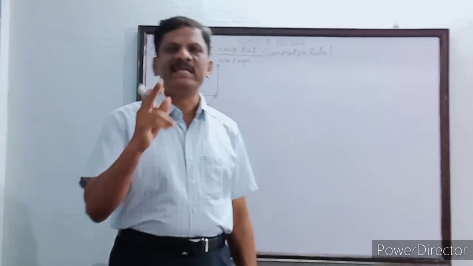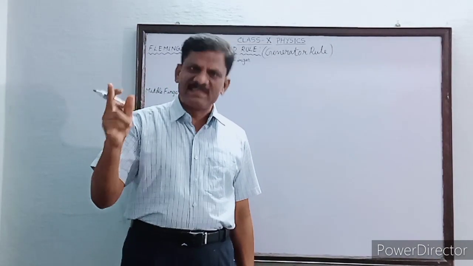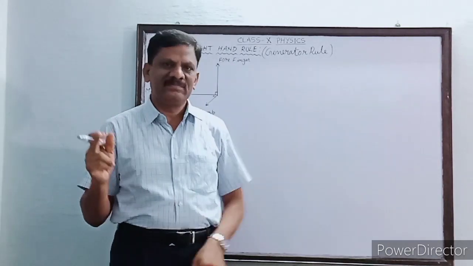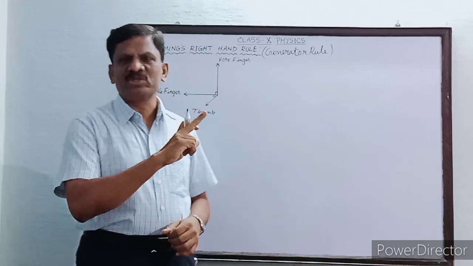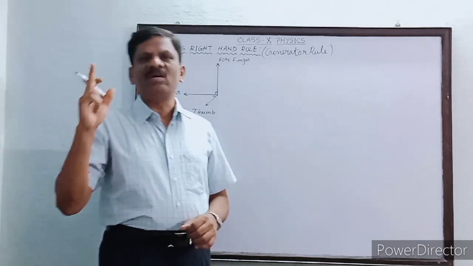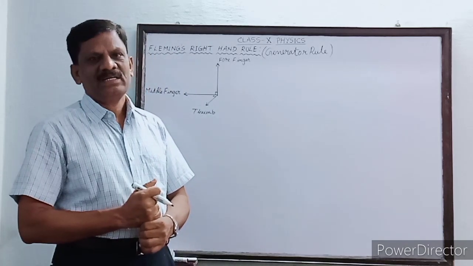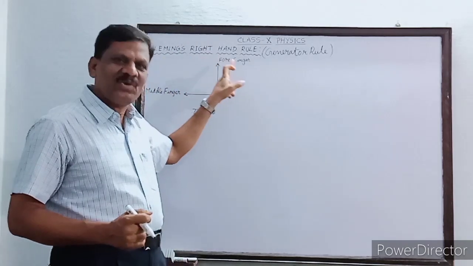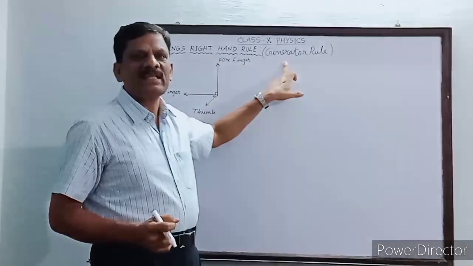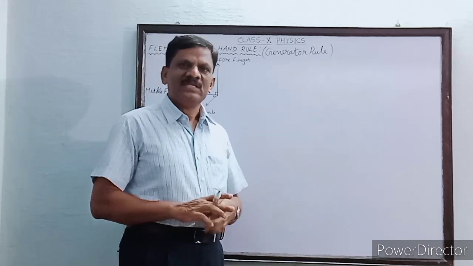In electromagnetic induction, instead of moving the magnet, we can fix the magnet and move the coil. So there is a relationship between the direction of motion of the coil, the direction of the magnetic field, and the direction of the induced current. This relationship is given by Fleming's right hand rule, which has another name, the generator rule. So what is the statement?